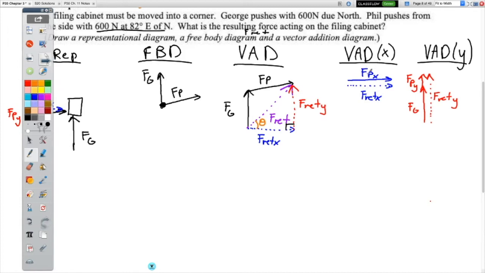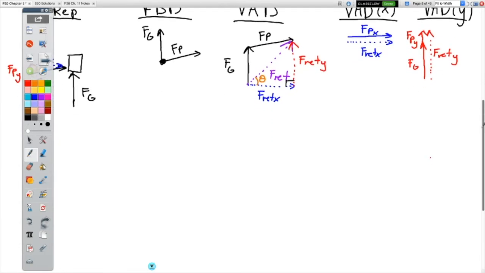He's not entirely in the x axis, but this is the x component of Phil's force. This really is all of George's force because it's all in the y axis. So when we say F net y is George's force plus Phil's y force, it's a visual way of representing a mathematical reality.